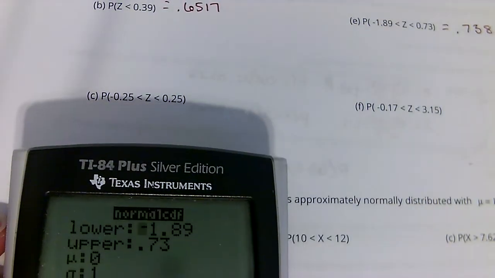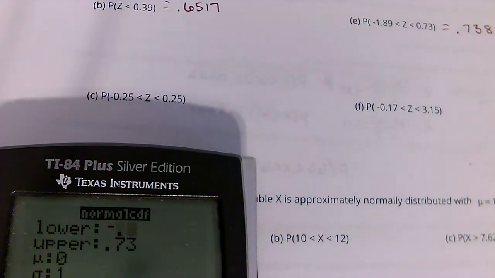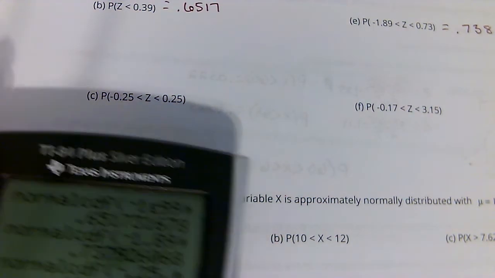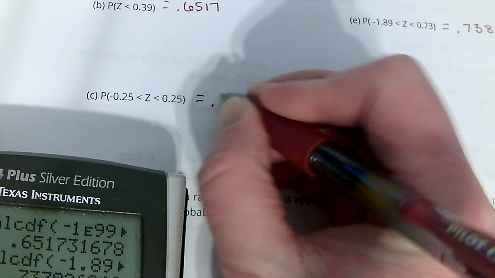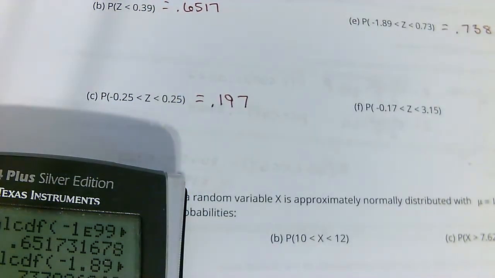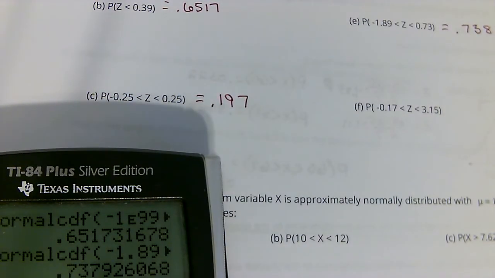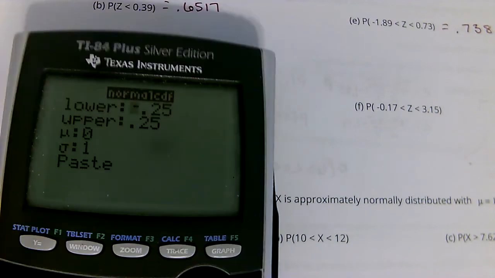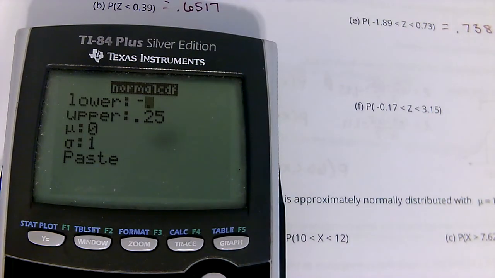So notice how much faster those are in the calculator versus looking at the table. But if you didn't have a calculator, you could do it in the table. Oops, I should be showing what I'm doing.